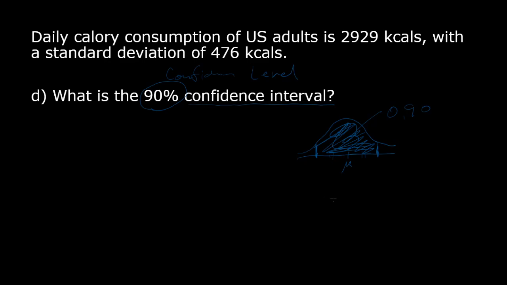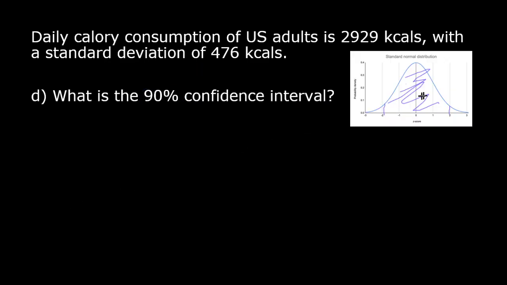Once you figure that out, you have to use the standard normal distribution. Think about these two values, which should be negatives of each other, and should capture 0.90 as the area.